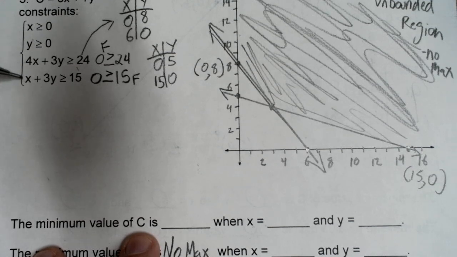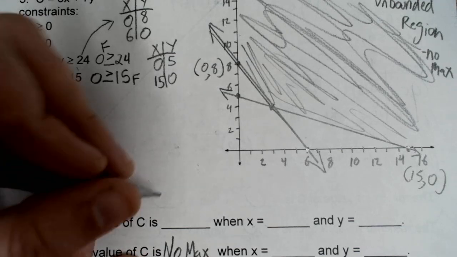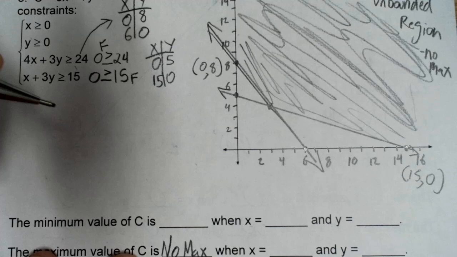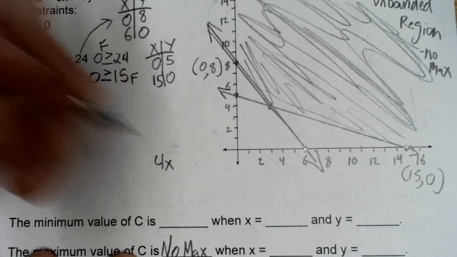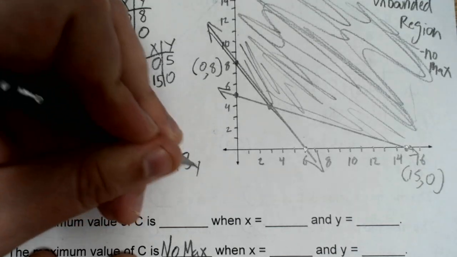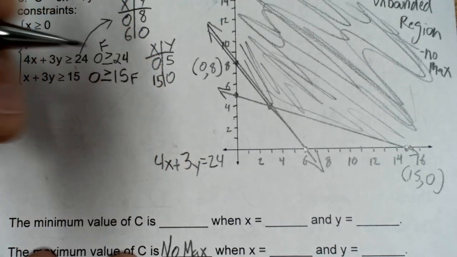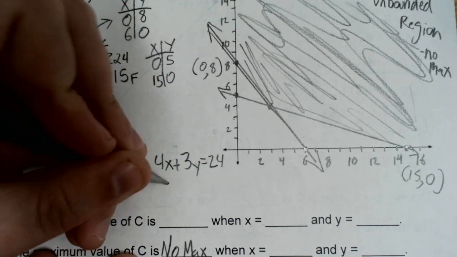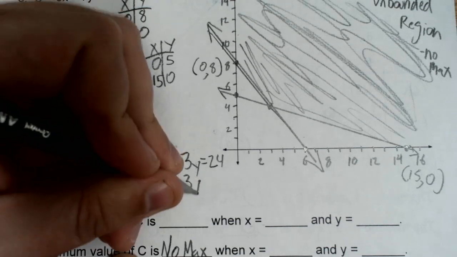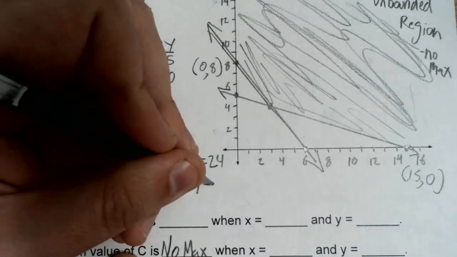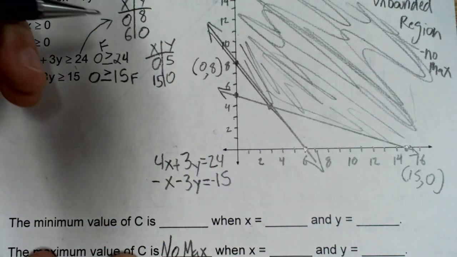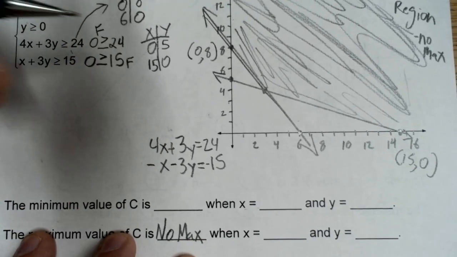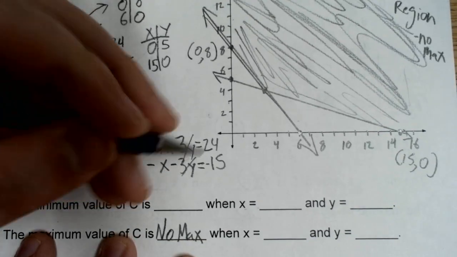When I'm looking at these two, I notice I've got 3y for both of them. So my plan is going to be to do some elimination, which would just say 4x plus 3y is equal to 24. Then I'm going to flip the signs on all of these, say negative x minus 3y equals negative 15, which gives me the y's that cancel out.